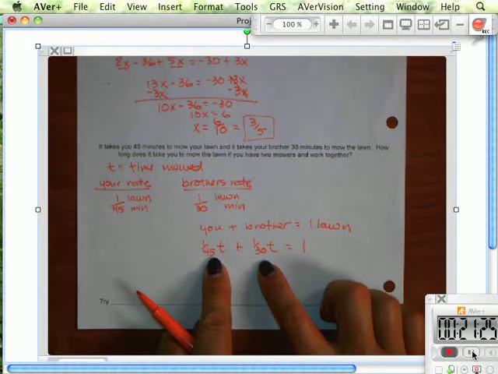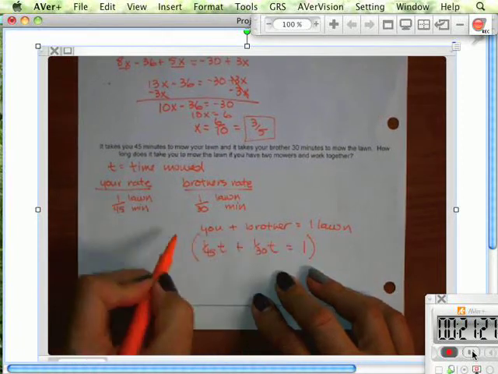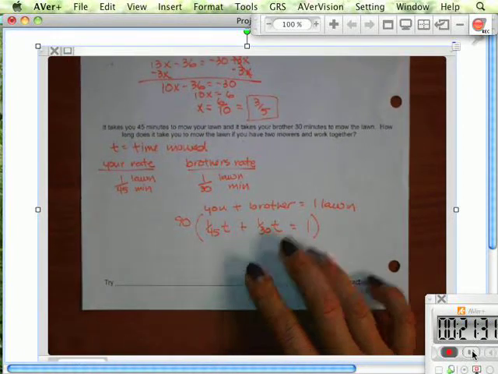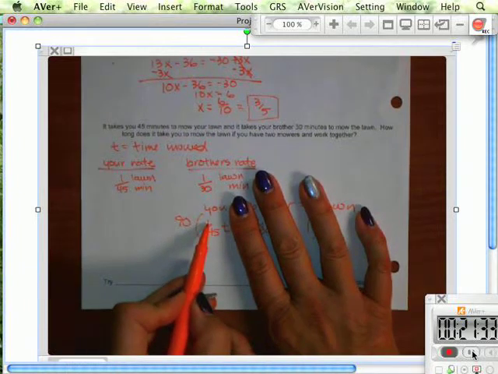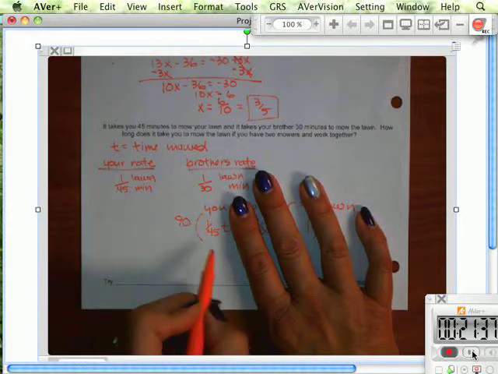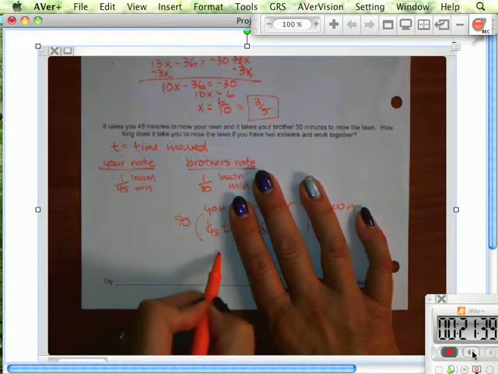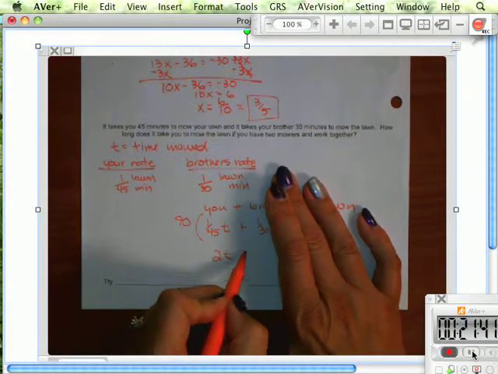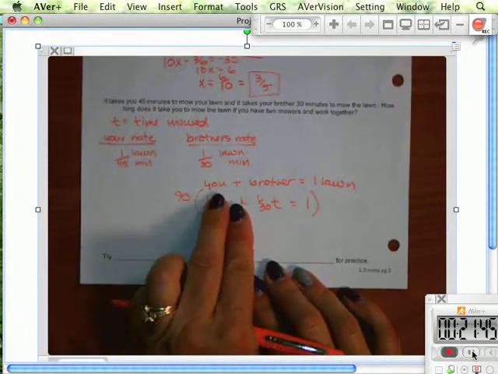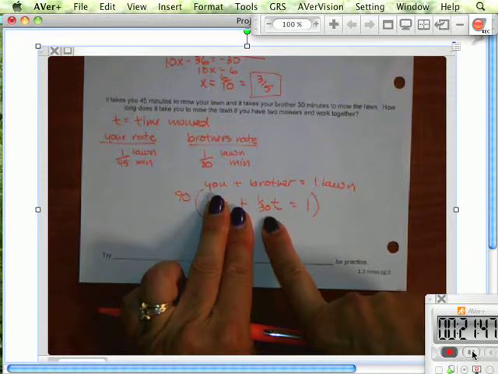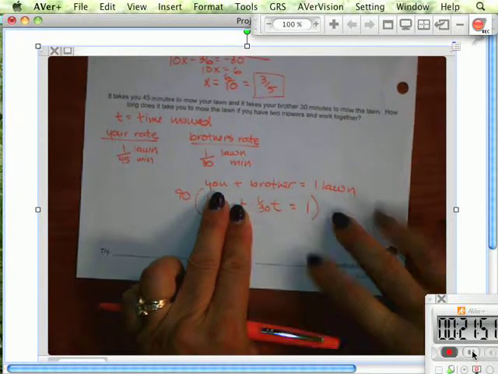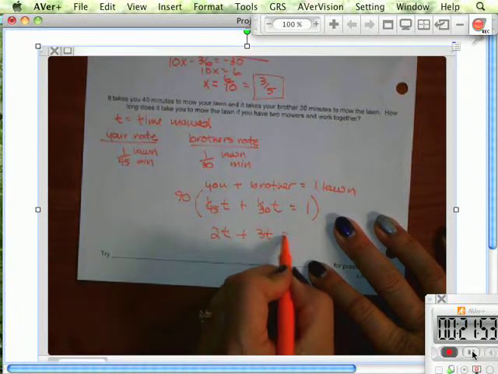So if I multiply all of this by 90, it'll get rid of that ugly fraction on the bottom. 90 times 1 divided by 45 is what? 2. So when I multiply that, I'm going to get 2t. Much prettier. Now I do 90 times 1 is 90 divided by 30 is what? 3t equals 1.